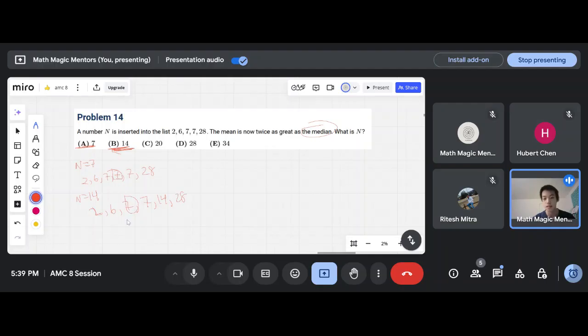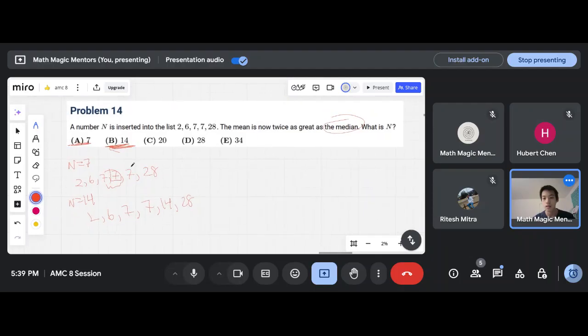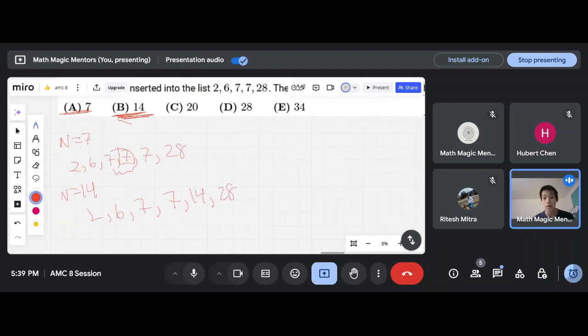I skipped over this, but there are 6 values in this list after inserting n, and because the number of terms is even, the median is the average of the middle two terms. So the median comes from the average of 7 and 7, which is just 7. If we insert n equals 14, we also find that our median is 7.